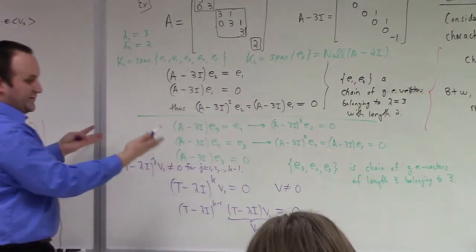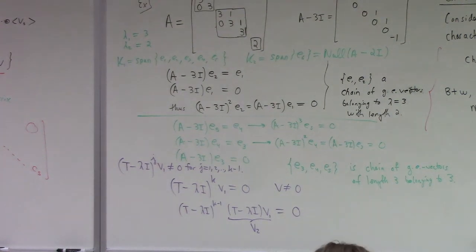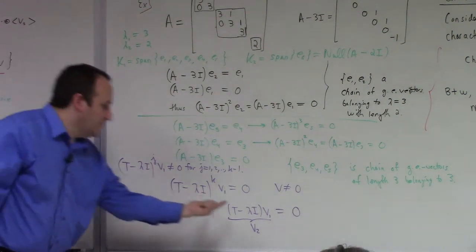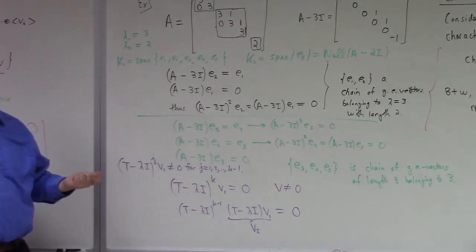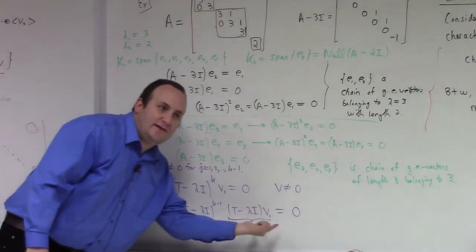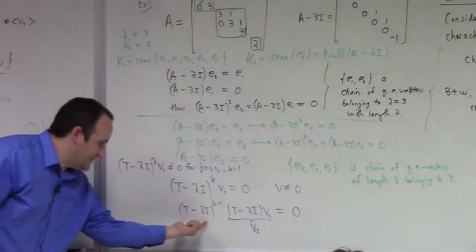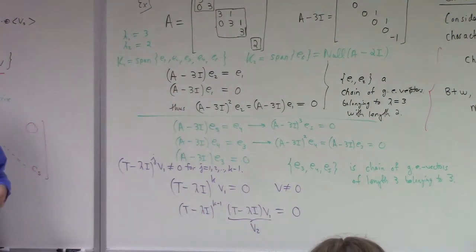That's what I'm assuming here. It's the first time it's 0, only for that kth power. If that's the case, then you know that this is non-zero, and you can see that that's a generalized eigenvector of order k minus 1, because this times that gives you 0. And then you repeat this.